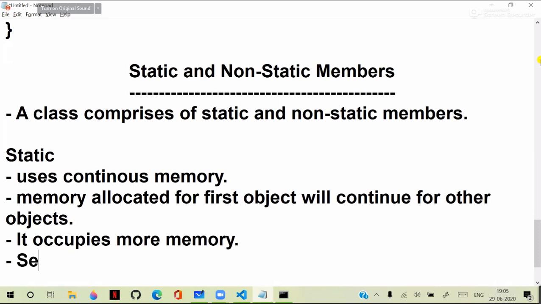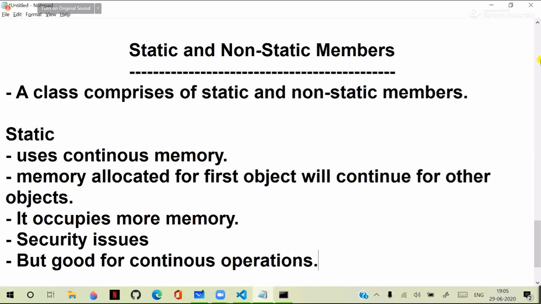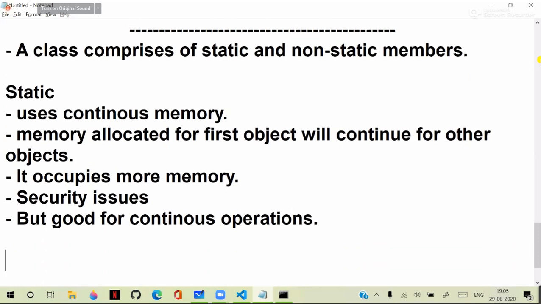So several security issues will come. But it is good for continuous operations. That is what static is.